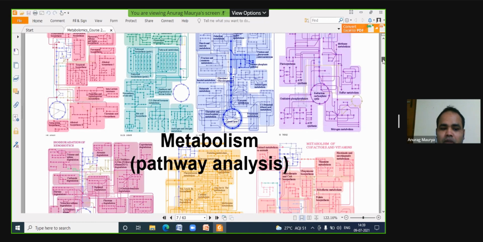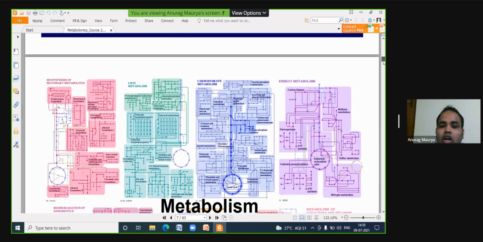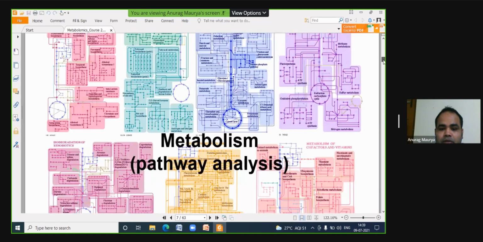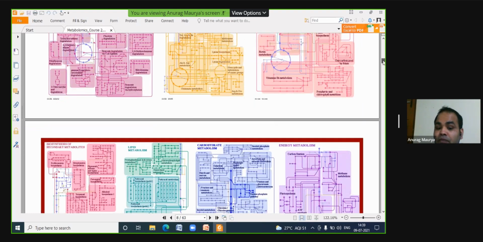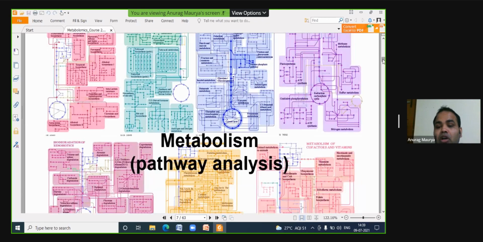And of these metabolites, which might be in the order of 10 to the power 4, there will be few metabolites which will be markers of a particular condition.